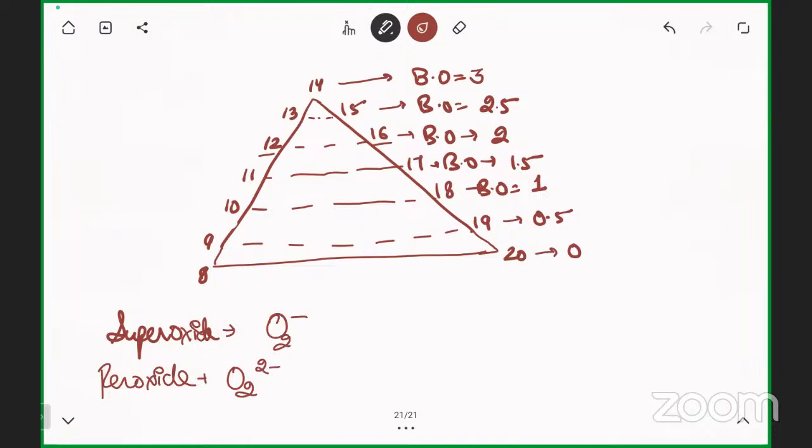Which one will have larger bond length? Fast. Calculate the bond order first. Bond order of O2 negative.